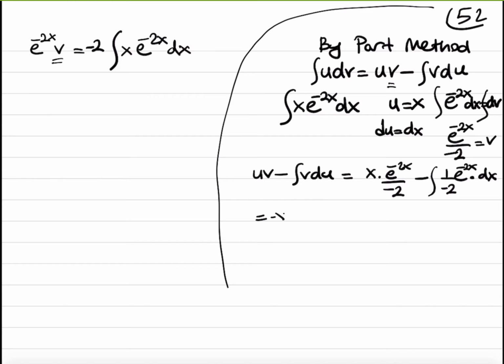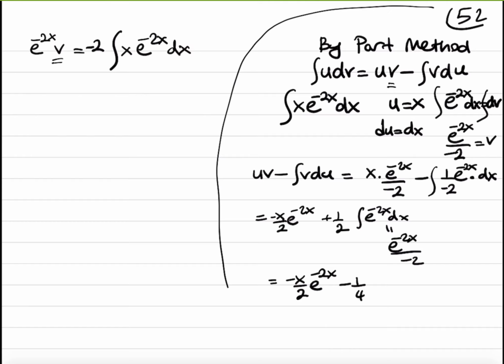So it is minus x over 2 e to the power minus 2x plus 1 over 2 times the integral of e to the power minus 2x dx, and this is a nice integral. I hope you know how to take the integral. Okay, there is plus c here.